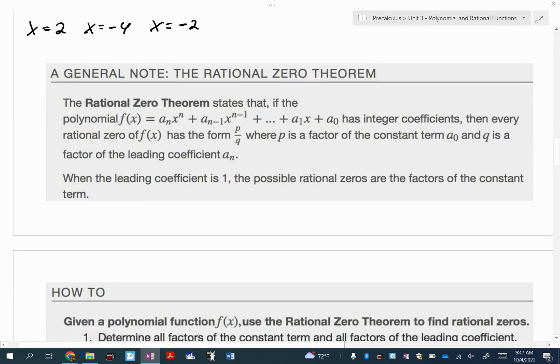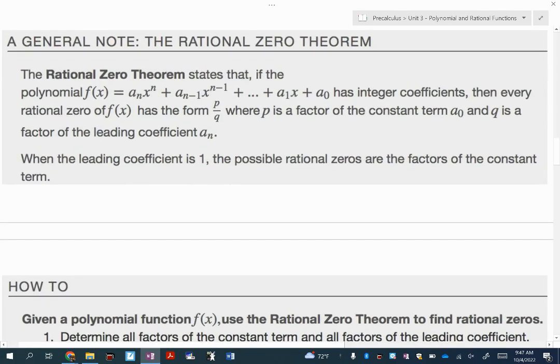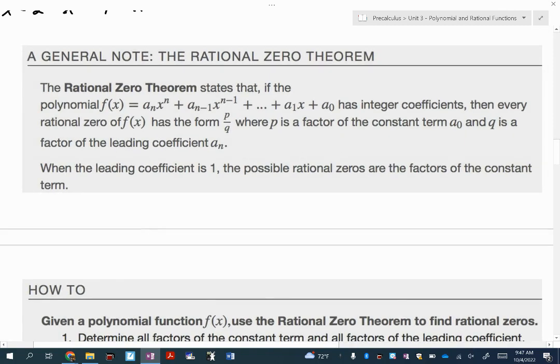Okay, let's get into the nitty gritty of this lesson, which is we're going to use something called the rational root theorem or the rational zero theorem, which essentially is stating that if you have a polynomial written in order, from your highest exponent to your constant, then you can find the possible rational roots by taking the factors of the constant divided by the factors of the leading coefficient.